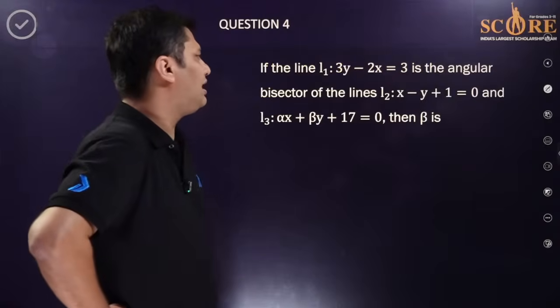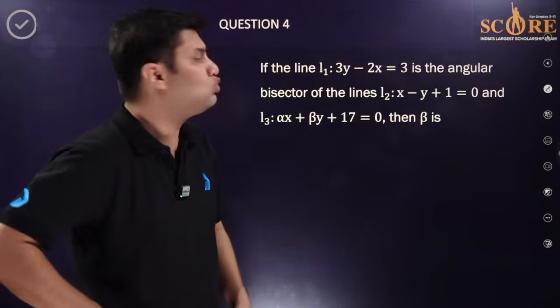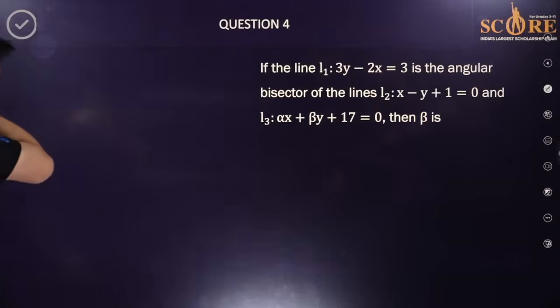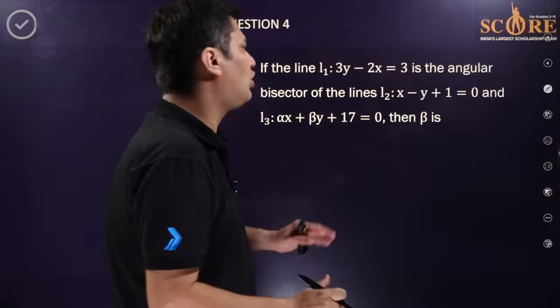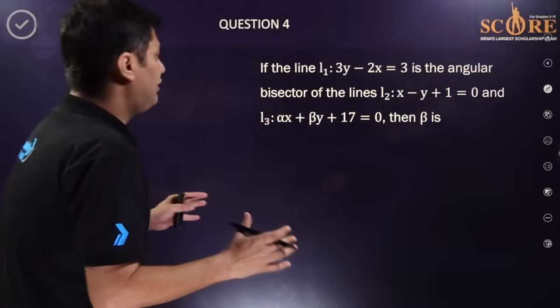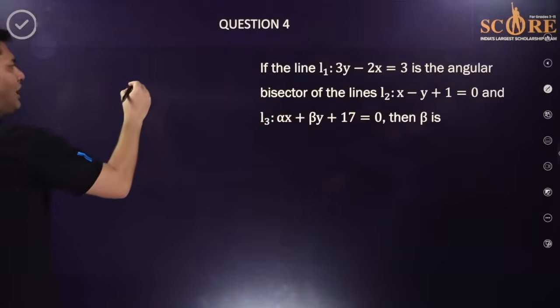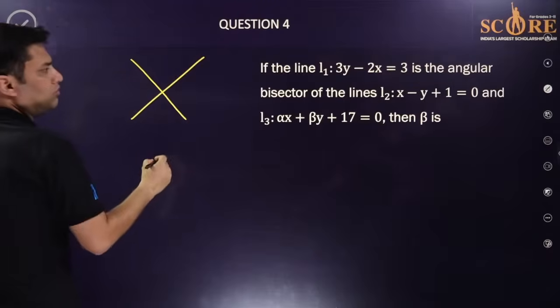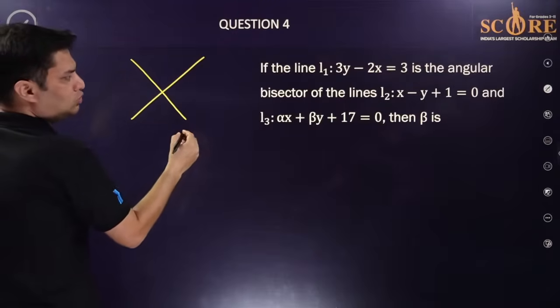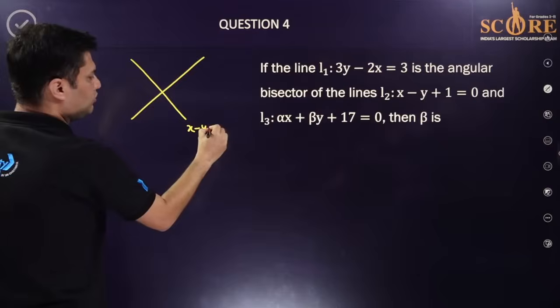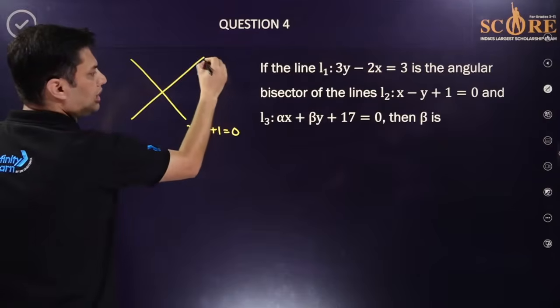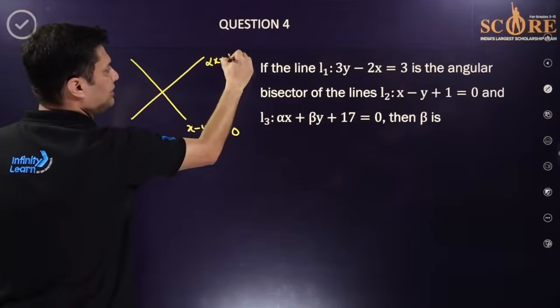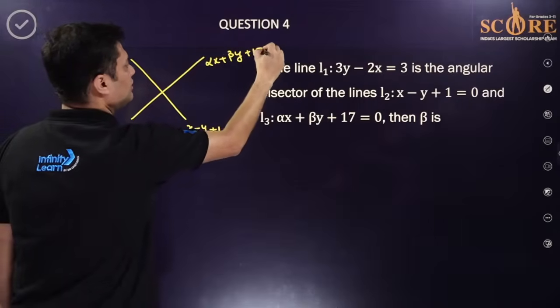Next question says if the line L1, 3y minus 2x equals 3, is the angular bisector of the lines, then you need to find the value of beta. So this is a question of straight line. If the line is the angular bisector of two lines, one line is L2, x minus y plus 1 equals 0, and another line is alpha x plus beta y plus 17 equals 0.